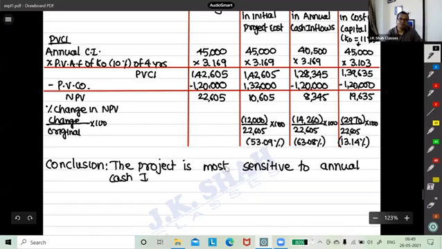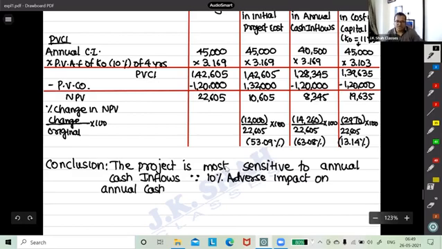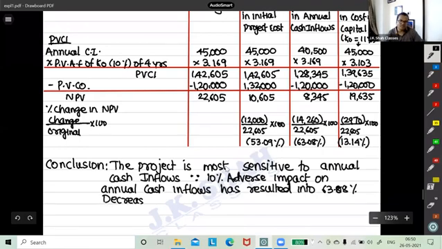Correct? Since a 10% adverse impact on annual cash inflows has resulted in a 63.08% decrease in present value.